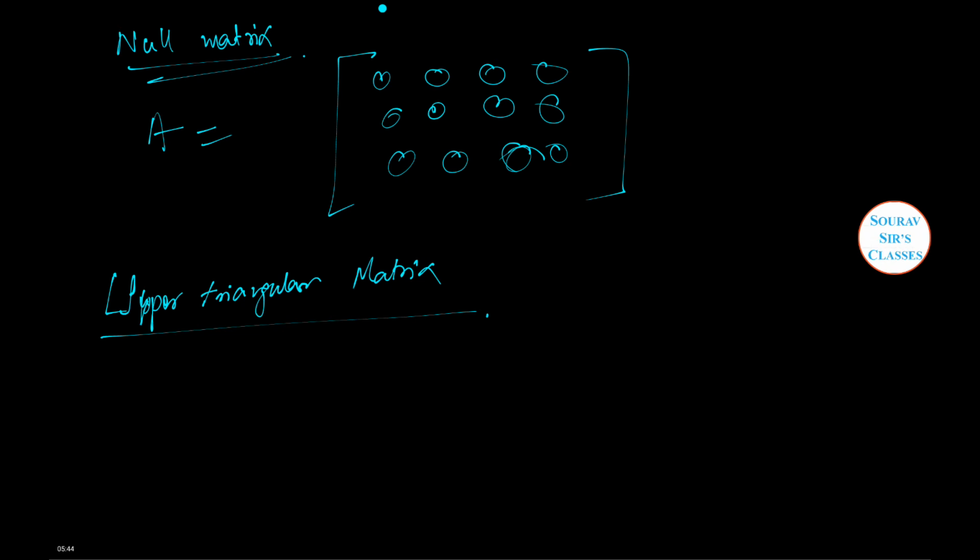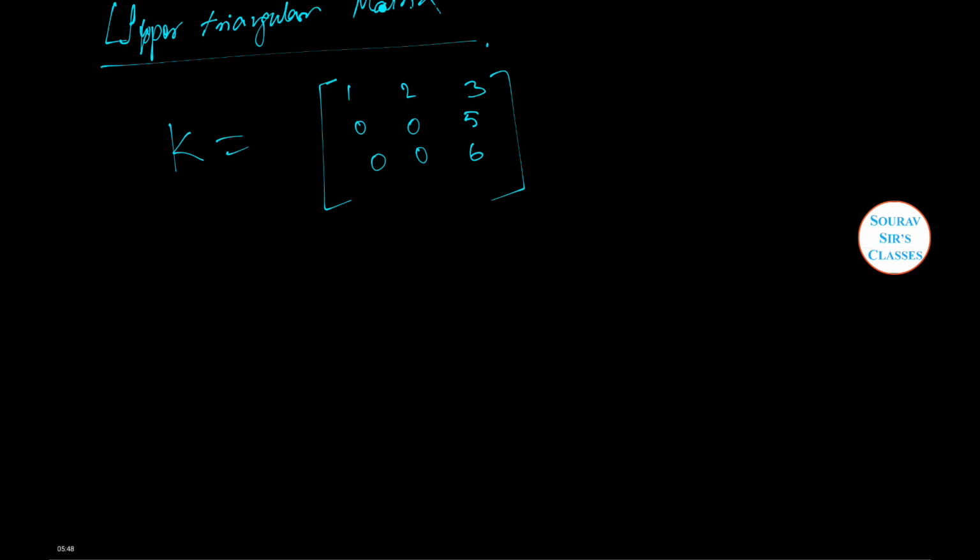For example, if K is a matrix having elements 1, 2, 3, 0, 0, 5, 0, 0, 6, then all the elements below the principal diagonal, that is these, are 0.